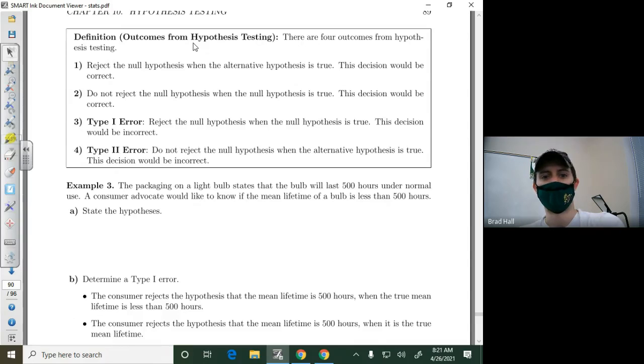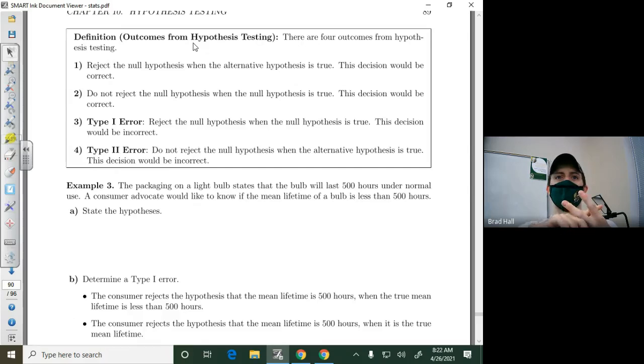Do not reject the null hypothesis when the null hypothesis is true. So let's switch out the word null with innocent. Do not reject innocence when innocence is true. So basically, in other words, an innocent person is found innocent, which is also good. You don't want to convict someone who's innocent, obviously. So you can either successfully convict a guilty person or successfully find an innocent person innocent.